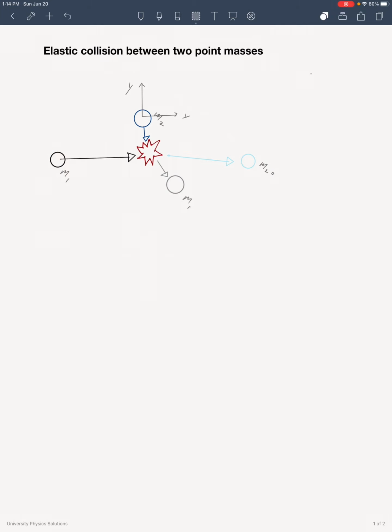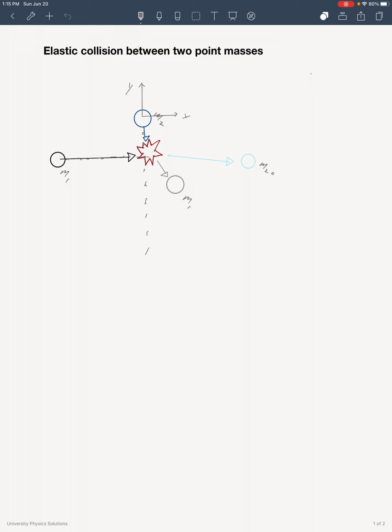So that's helpful. Now another thing that I can do is push play on the collision, and then you'd imagine that M2 moves in this direction and M1 is moving in this direction, and so then the collision happens, right?